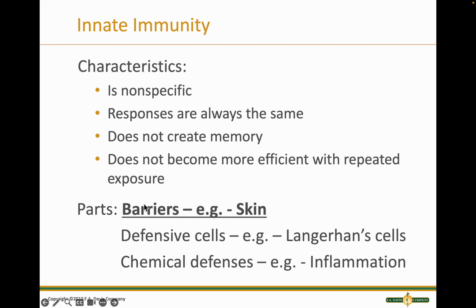A great example that we kind of take for granted is the barrier of the skin. The skin is with us from birth, and it is part of the innate immunity. We have it. It doesn't change based on what's going on from an immune standpoint.